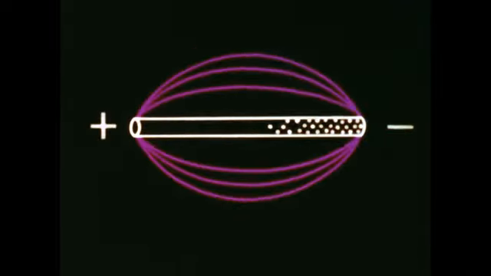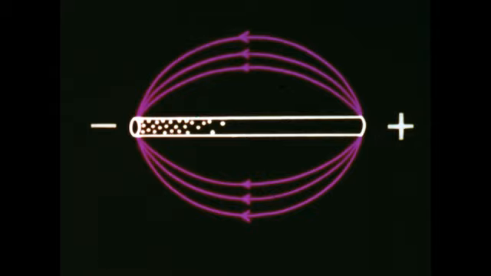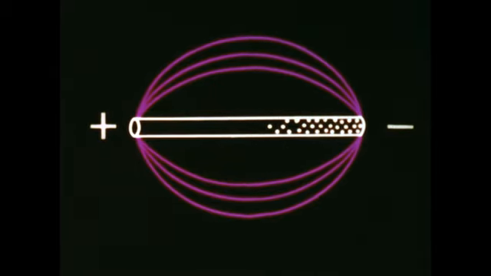This changing polarity produces an electric field in phase with it. When the voltage is of this polarity, the field is in this direction. When the polarity reverses, the field builds to a maximum in the opposite direction.